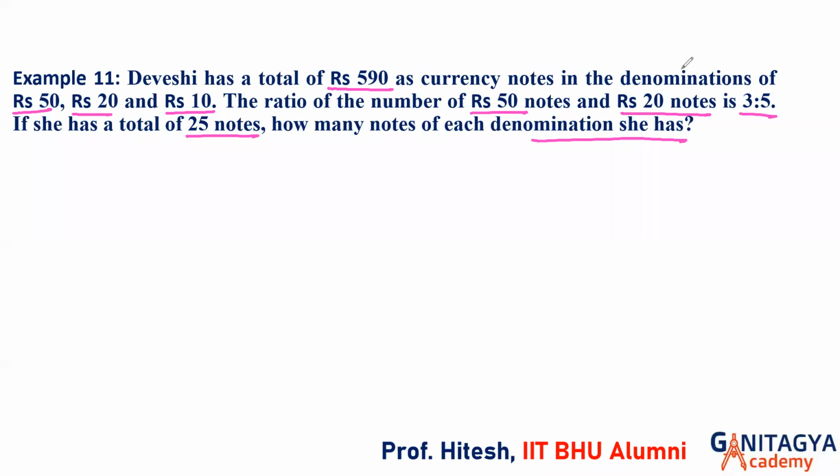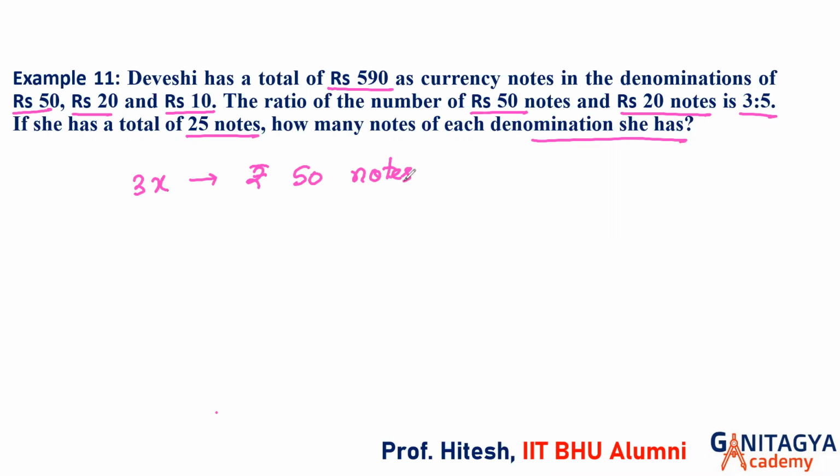Okay. First of all, Deveshi has a total of rupees 590 as currency notes in denominations of rupees 50, 20 and 10. Very much clear. Now, the ratio of number of rupee 50 notes and 20 notes is 3:5. So 3x will be, we can say, rupee 50 notes.